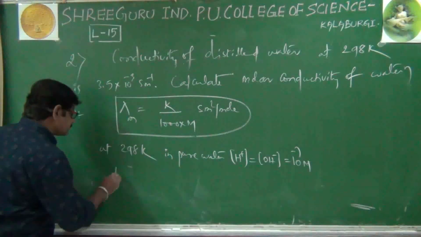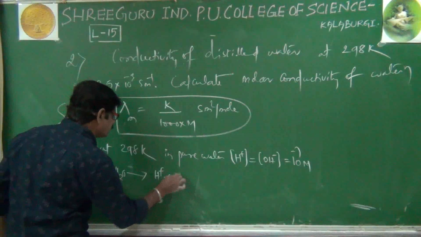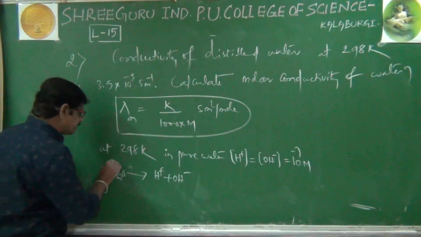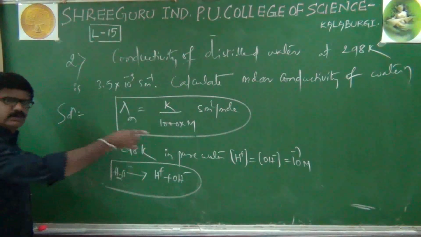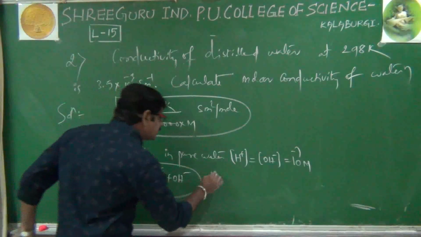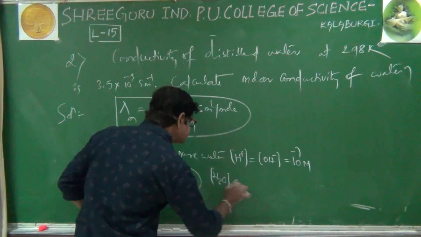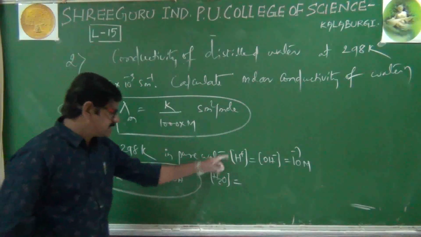Water contains H2O, which gives H plus plus OH minus. Means in water we will have H plus ions and OH minus ions. Both are present. Therefore, water concentration we will write here. Water concentration is equal to H plus concentration.